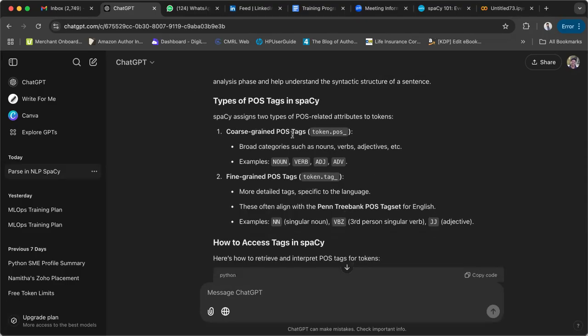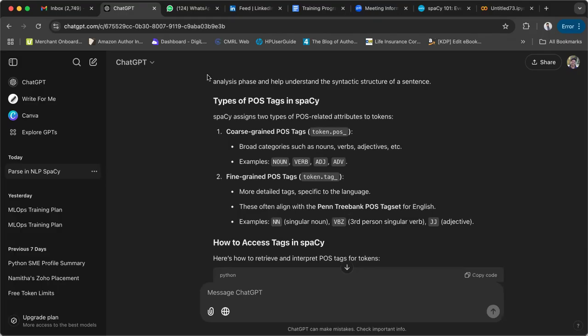The coarse-grained POS tags: broad categories such as nouns, verbs, adjectives, adverbs, etc. So this is how it has been mentioned in the dictionary. The tagging is all related to grammatical things.